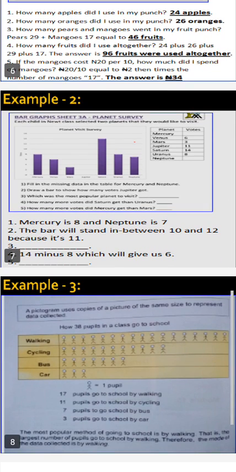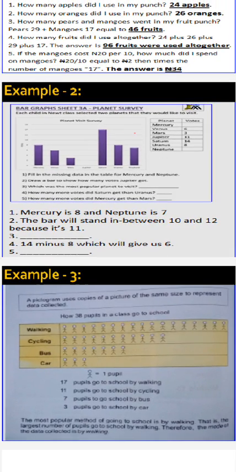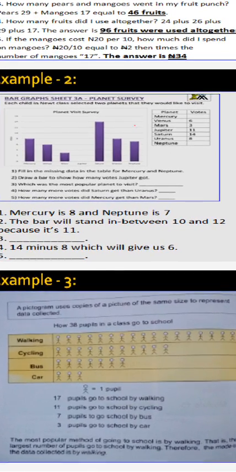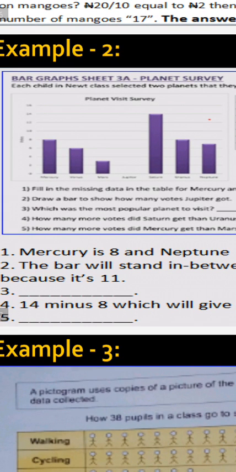Now, for example 2, we have bar graphs now, so we need to interpret that. Some people made a kind of visit to some planets, so we don't actually know the number, but the bars have given us the number, so it's now left for us to use the bars to interpret the numbers. Okay, now going by the question, the first question here, that's number 1.